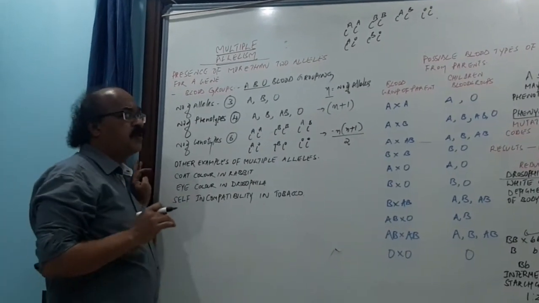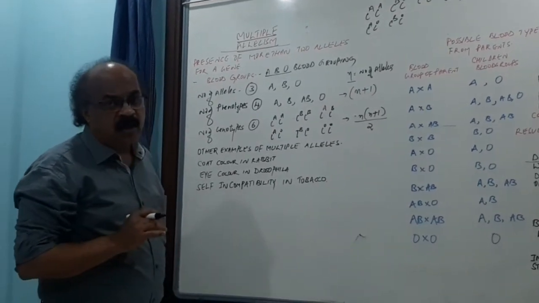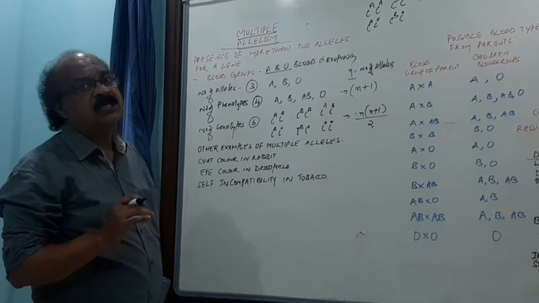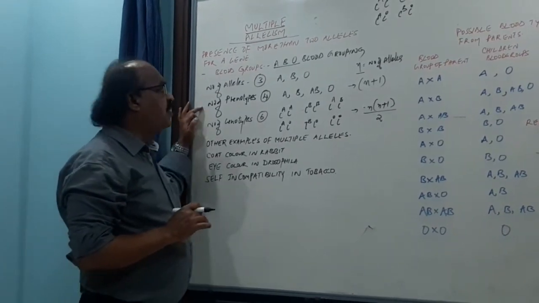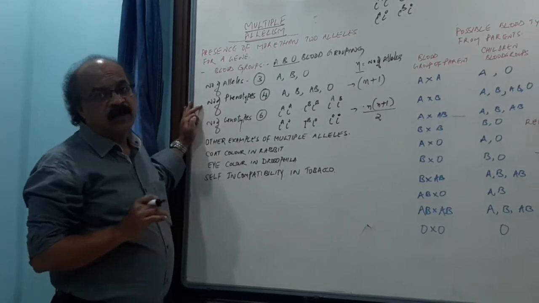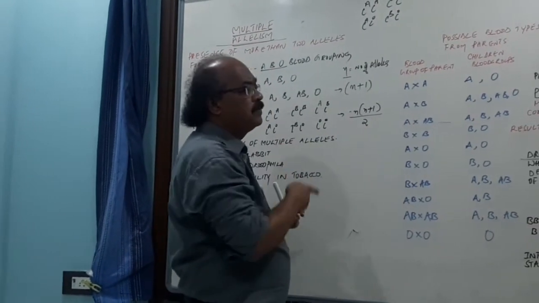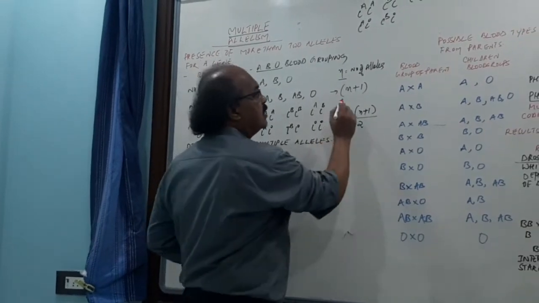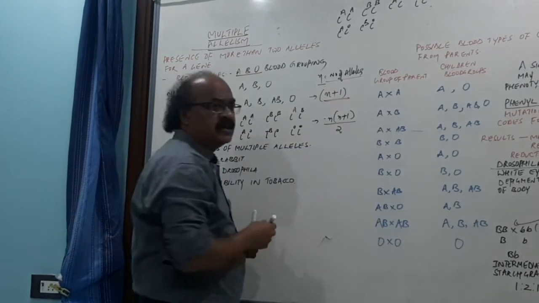We are having a formula in order to calculate how many phenotypes and how many genotypes in multiple alleles. For the phenotypes calculation, n plus 1, where n represents number of alleles.